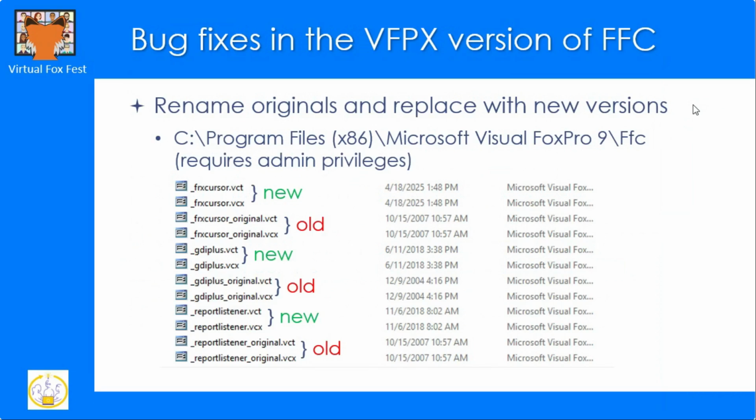So that's what FoxPro will use, rather than just replacing the originals with the new one. The reason is that way it's clear that I have the new ones in place, as opposed to trying to determine from, say, the date and timestamp, which is unreliable. So again, this is just a personal preference, but if you run File Explorer in administrative mode, you can make these changes and then dump the VFPX ones into the Program Files folder.